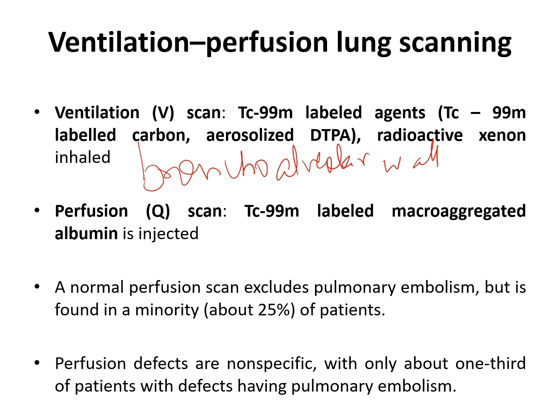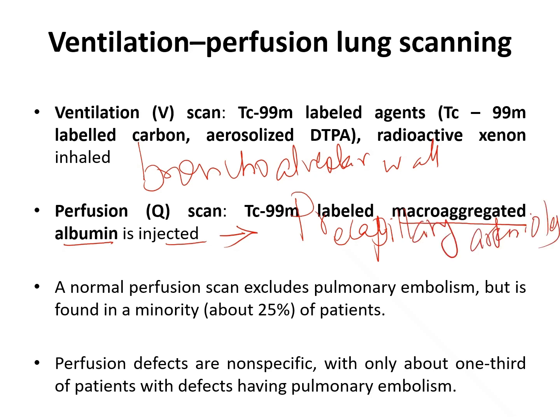Whereas for perfusion, technetium-99m labeled macroaggregated albumin is injected into the vein and it aggregates in the precapillary arterioles. For ventilation, the radioactive substance deposits on the bronchoalveolar wall, whereas in perfusion they deposit in the precapillary arterioles, and they denote the area of perfused lung.